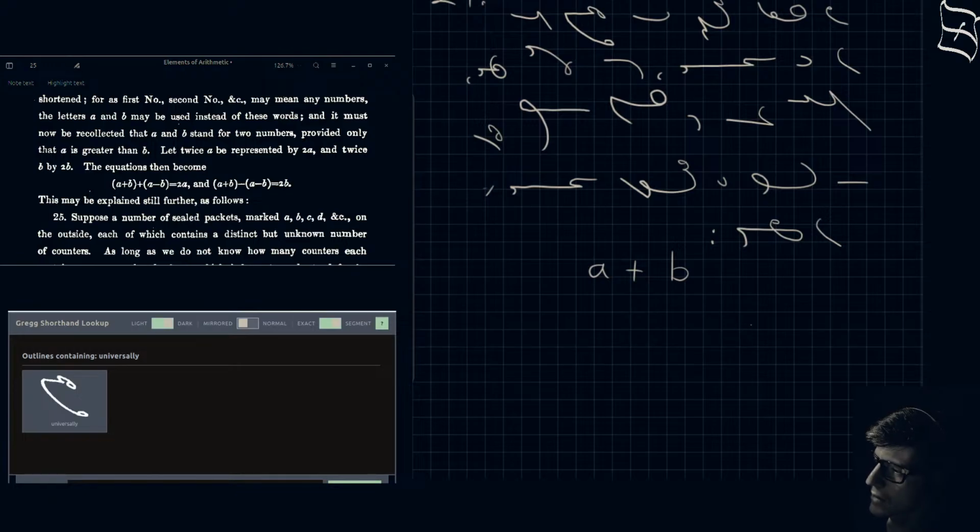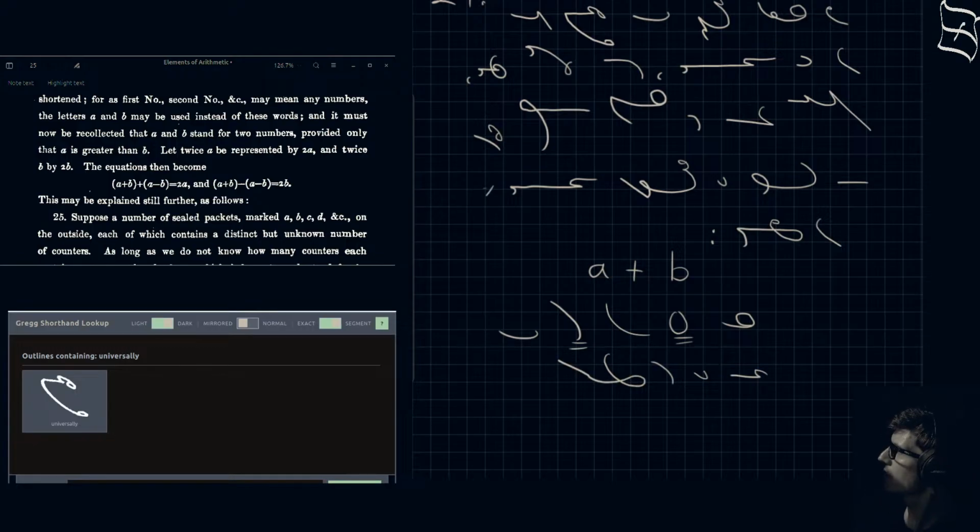Where A and B are one of the valid numbers.